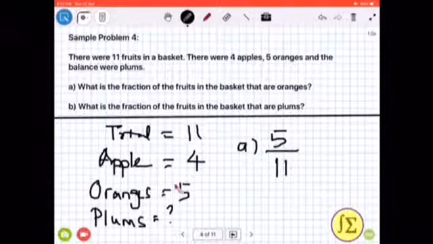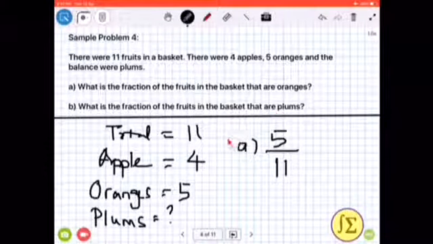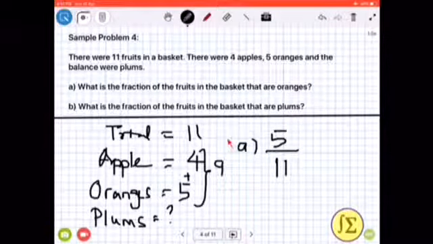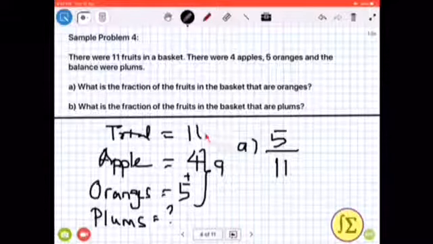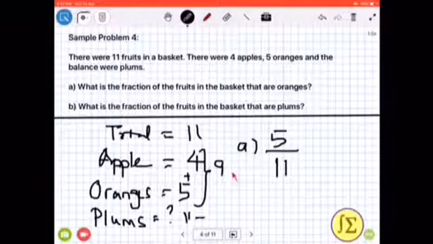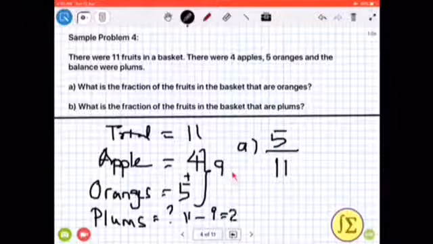For B, we have to find out how many plums there are first. So all you have to do is first add up the apples and oranges. 5 plus 4 is 9. So there are a total of 11 fruits, and 9 of them are apples and oranges. So the balance, 11 minus 9, is 2.